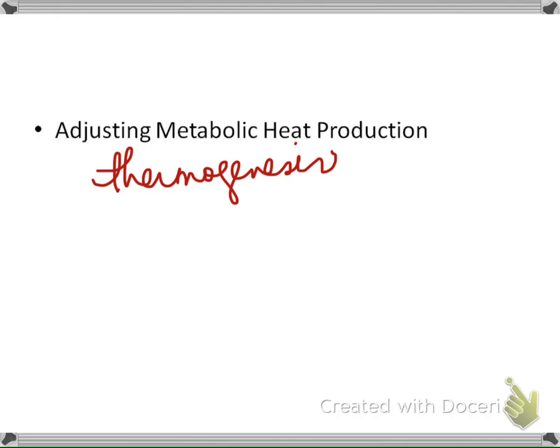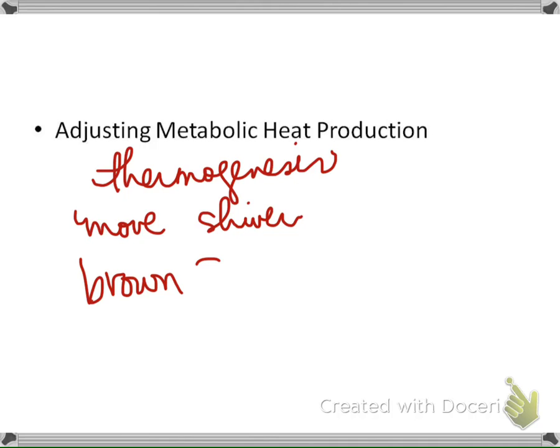If you need to make heat, you can move, or you can shiver. Shivering makes you warmer. Non-shivering thermogenesis, in some mammals, you have brown fat. Sounds lovely. In humans, it's found between the neck and the shoulders.